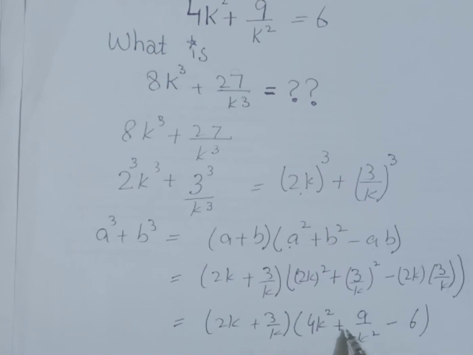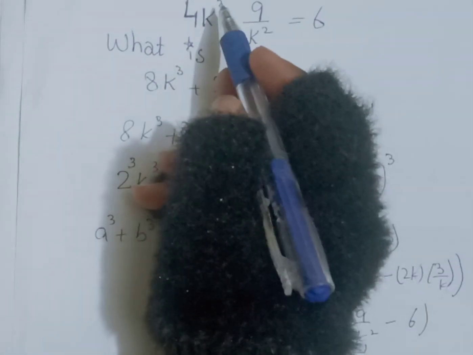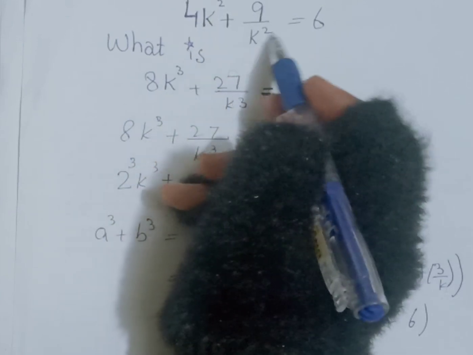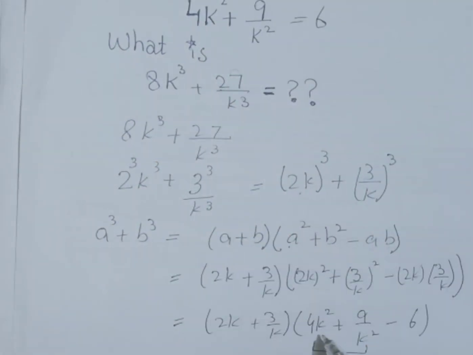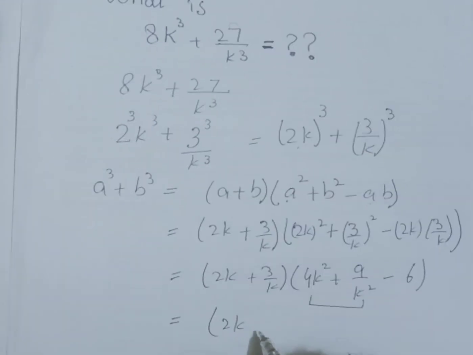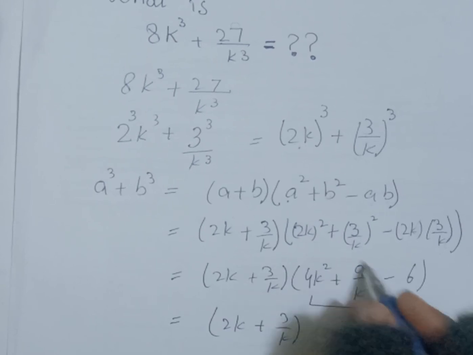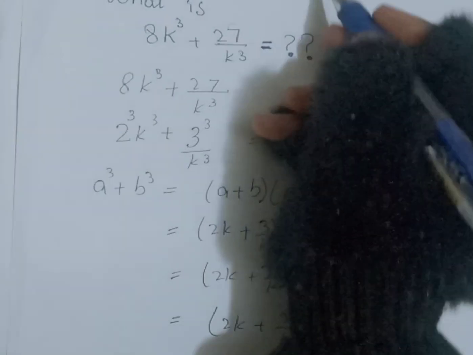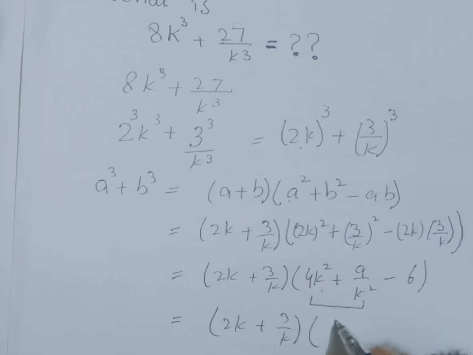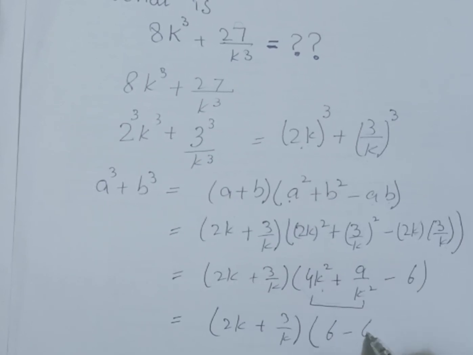Now look at this. In our question 4k square plus 9 over k square is equal to 6, so we replace this value by 6 and we get 2k plus 3 over k multiplied by (6 minus 6).